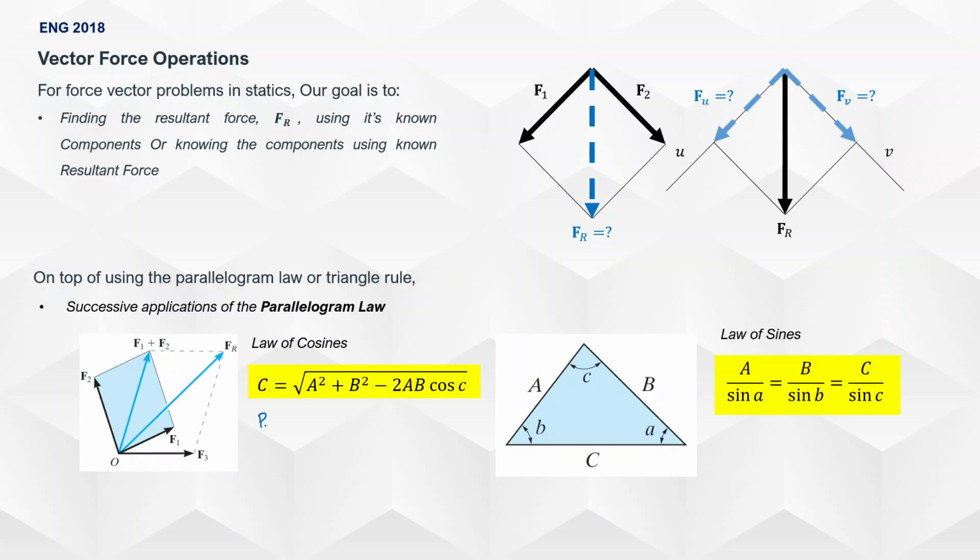For example, you're looking for B, and you have the angle, and you have C and A. You can also write the equation just like so: A squared plus C squared minus 2AC cosine B, same. If you're looking for A, it becomes B squared plus C squared minus 2BC cosine A.